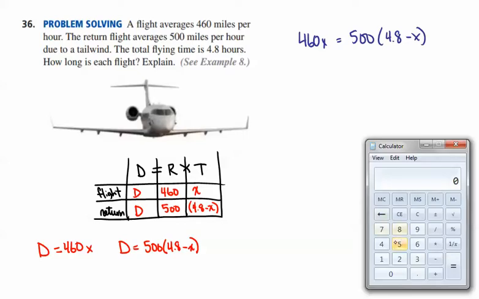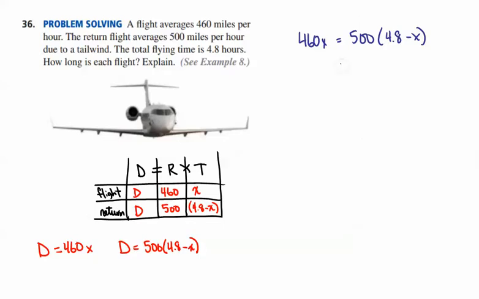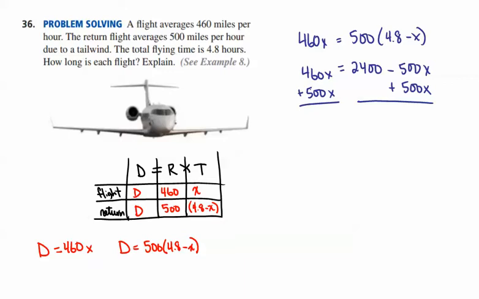I'm going to distribute on the right side. I have 500 times 4.8, and that gives me 2400. So I have 2400 minus 500x is equal to 460x. At this point we're going to add 500x on both sides, and we get 960x is equal to 2400.